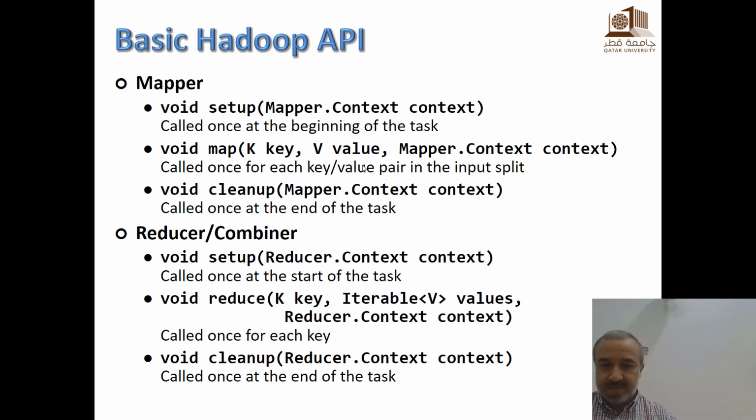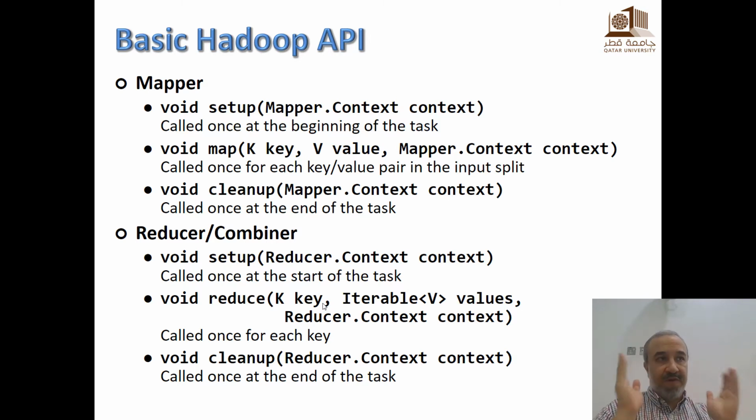The reducer and the combiner will have a very similar API, except that this function is called reduce, and the input parameters here are a bit different from the parameters of the map function. Okay, can you explain why the signature here is a bit different? We have just one key and many values. Yes. So the iterable interface is the object by which you will go through the values one by one.